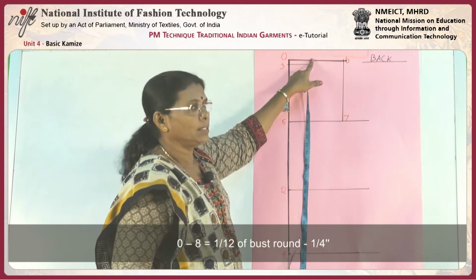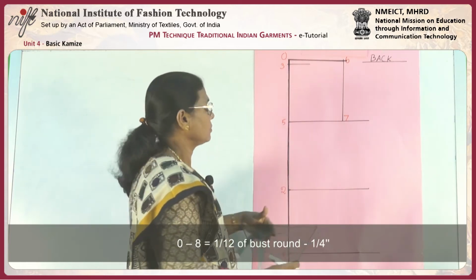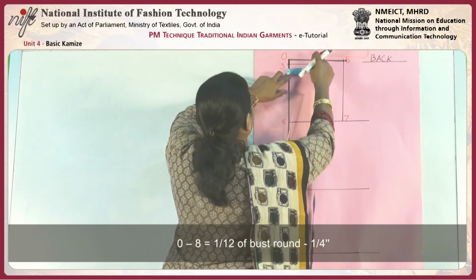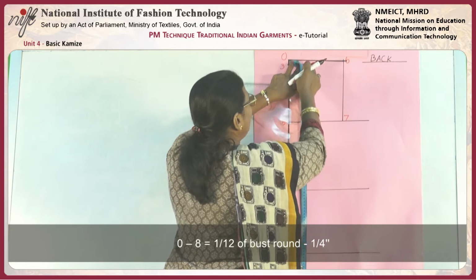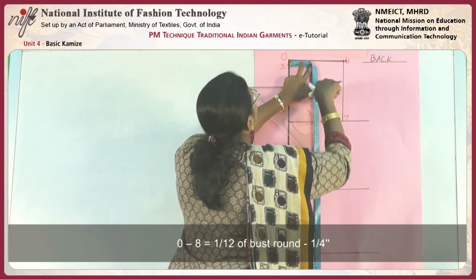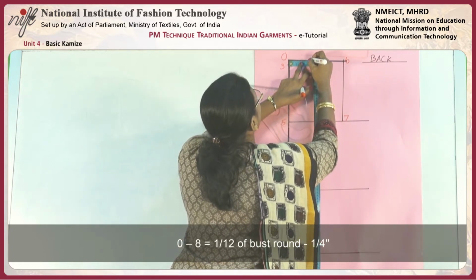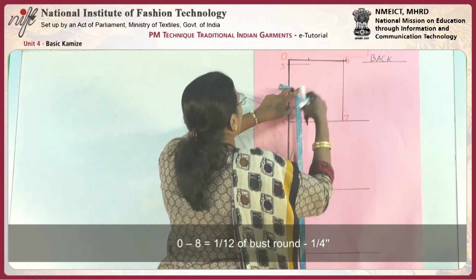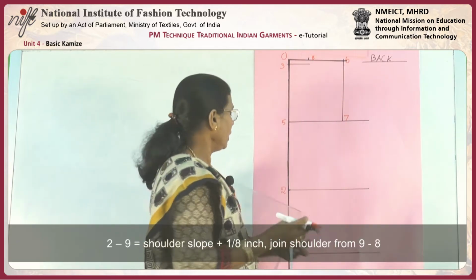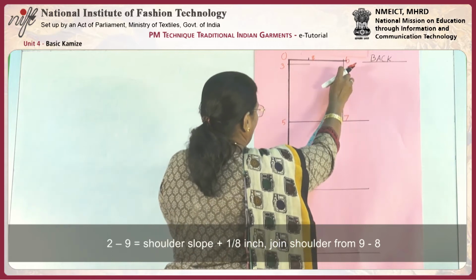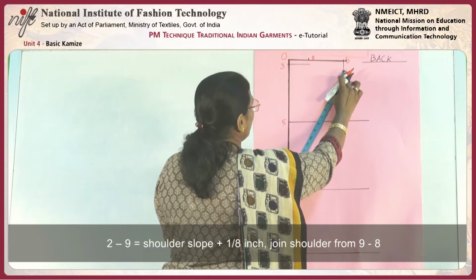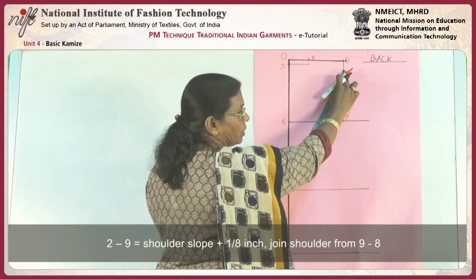0 to 8 is neck width, that is bust by 12 minus quarter inch, so it will be 2.5 inches. Mark 8, and 9. 2 to 9 is shoulder slope plus 1/8 of an inch.